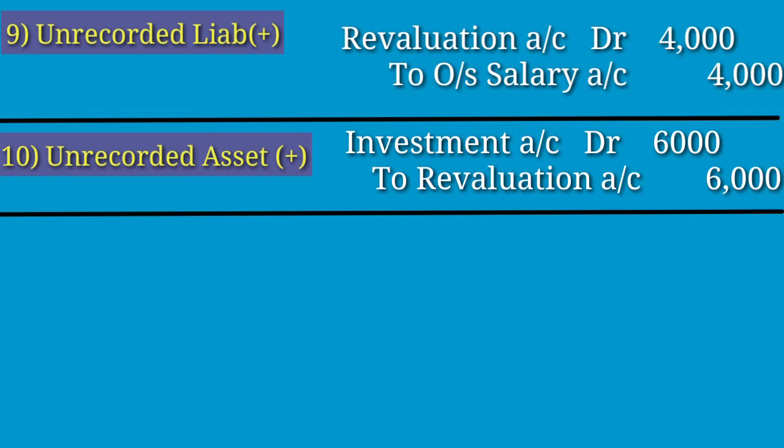Now what do we need to do? We need to ascertain the profit or loss of the revaluation. For that purpose, we need to make a revaluation account. Then we can calculate the net profit or net loss of revaluation. This is the format of the revaluation account.